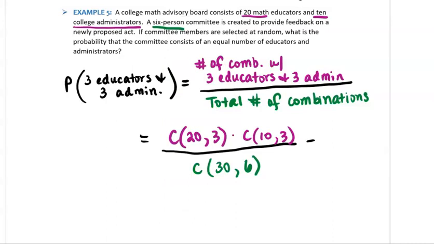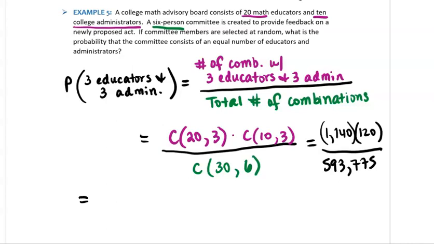If the formulas are worked out, the C(20,3) ends up being 1,140, and the C(10,3) ends up being 120. I will multiply those by the fundamental counting principle to give the numerator. And in the denominator, C(30,6) ends up being 593,775. Multiplying in the numerator gives an answer of 136,800 over the denominator that I had before.